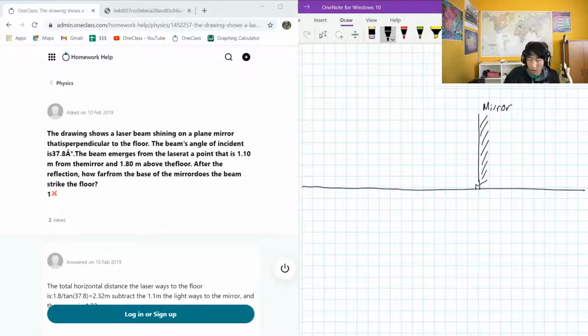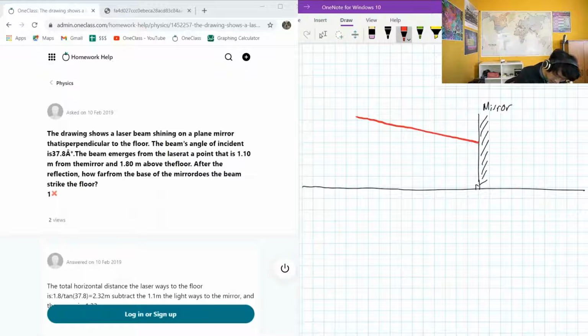Okay. We have a laser beam that is shining on it, and the laser beam has an angle of incidence of 37.8 degrees. Essentially, let's say we have a red laser, like this, and like this.